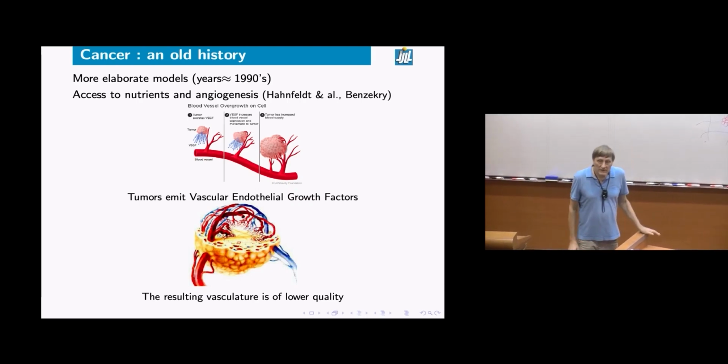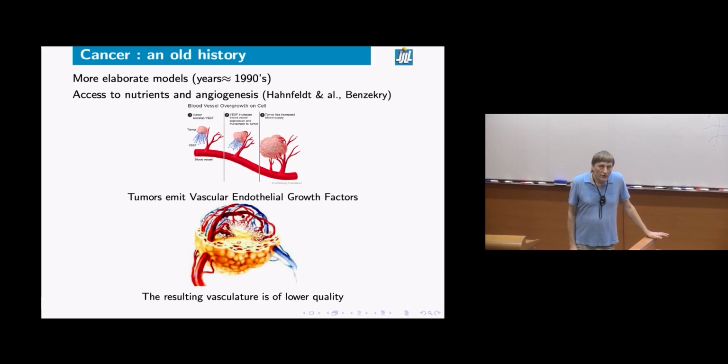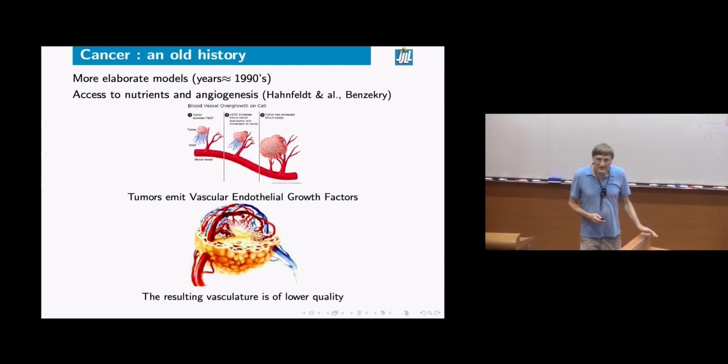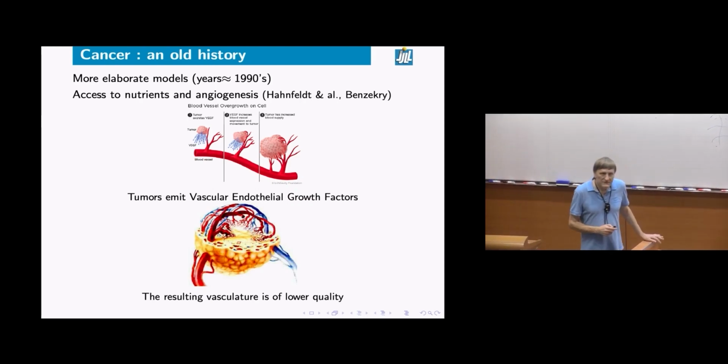There have been many, many attempts to develop them. A couple of them have been put on the market. They went to phase 3, and the outcome is that they were not very efficient. The result was not as expected. It didn't allow to cure cancer, and there were many, many studies to try to understand what is the effect of these anti-angiogenic molecules.